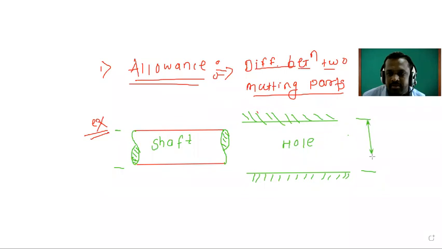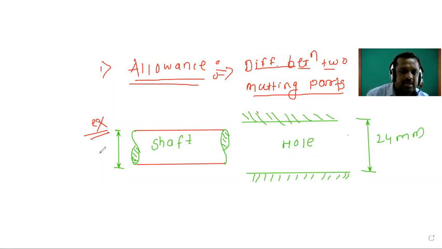I will write down the dimensions over here. Suppose the size of the hole is 24 mm, and the size of that shaft is 30.5 mm.